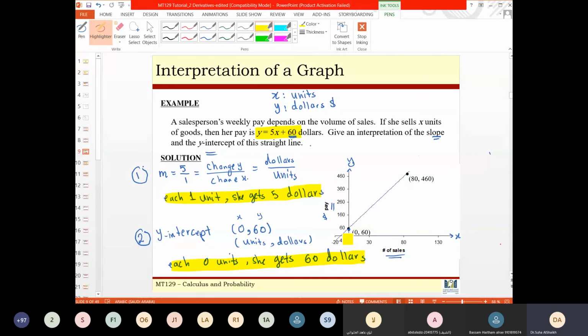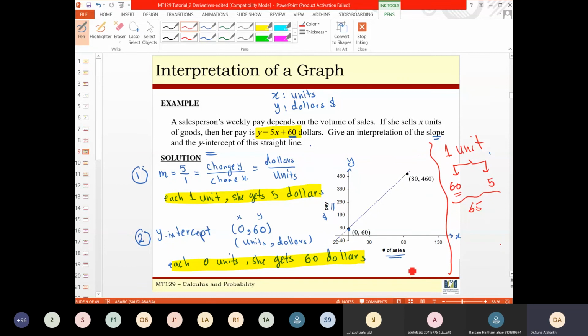معناها for each one unit she will get $5, وinitially لما انها تبيع 0 units راح تاخذ $60 كبداية حتى لو ما باعت أي شيء. وبعدين she will be getting $5 for each 1 unit she sells. وضحت الفكرة؟ فعلى حسب هذا مثلا if she sells 1 unit كم راح تستلم؟ ال 60 هذه ثابتة تاخذها دائما صح؟ And for each 1 unit she will get $5, فمعناها she will get $65.